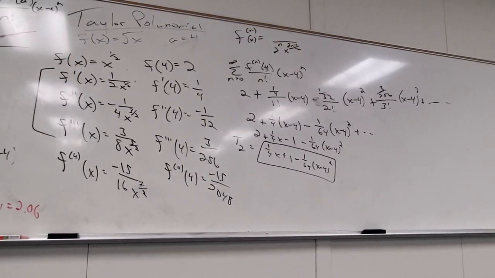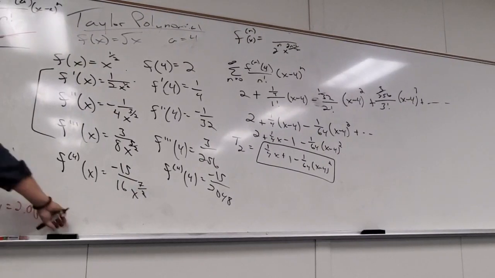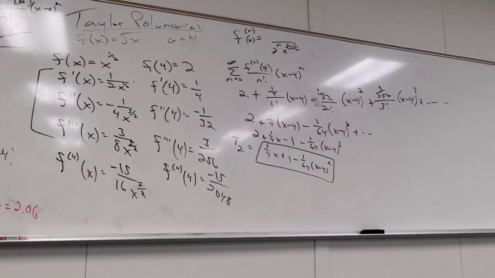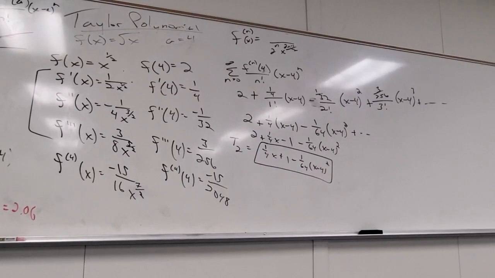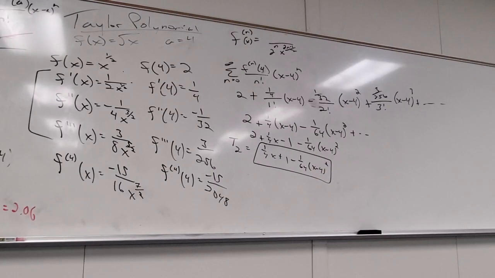Help me out. Instead of 4.24, let's go further away. Can we approximate the square root of 7? This should not work very well, because 7's pretty far away from 4. So let's see what we get.